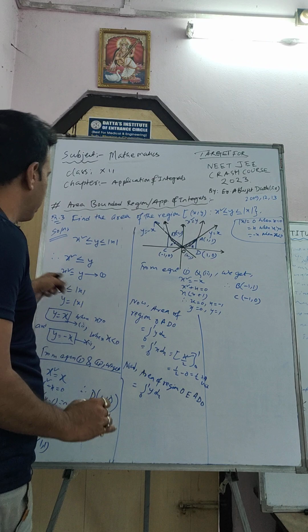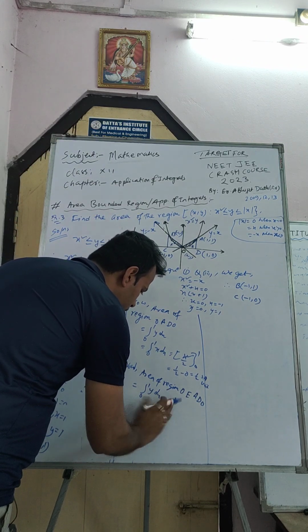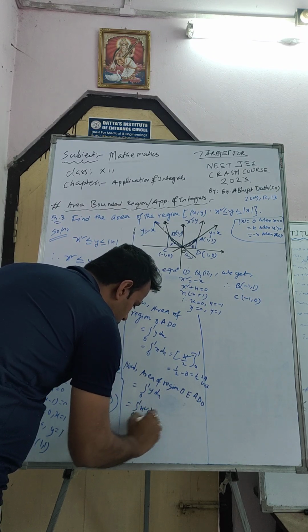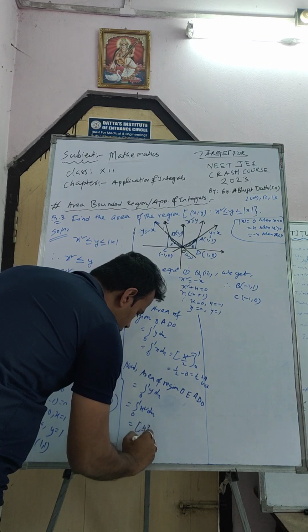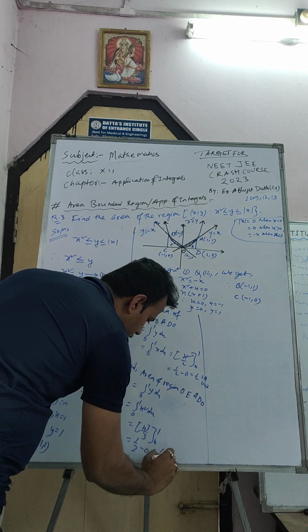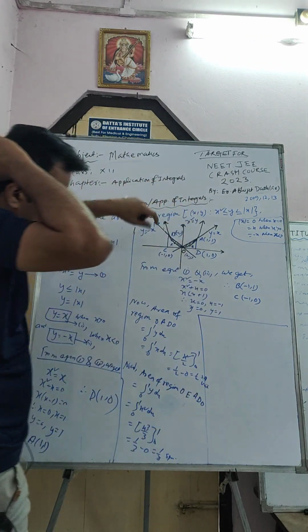Here y will be x square, so it is integration 0 to 1 x square dx, that is x cube by 3 from 0 to 1. It will be 1 by 3 minus 0, that is 1 by 3 square unit. Now this whole part and this part have come out.